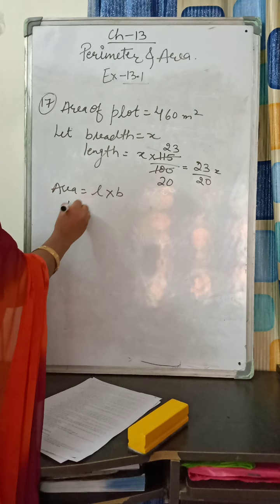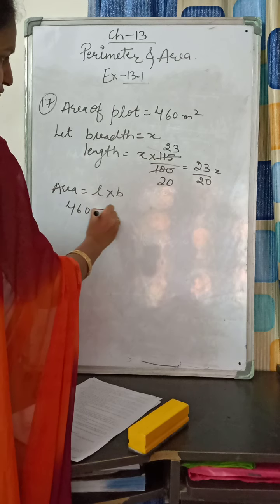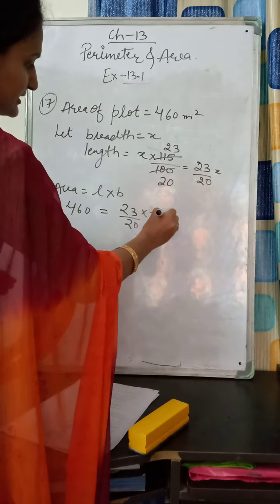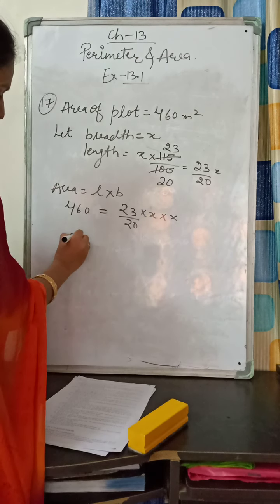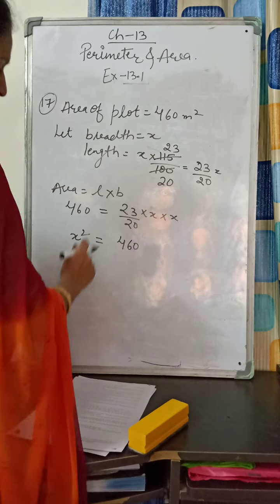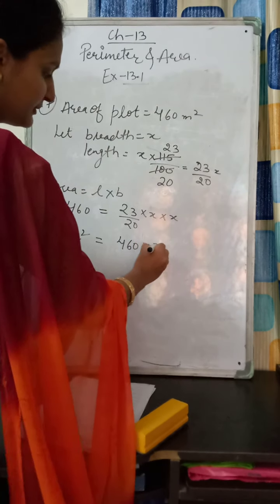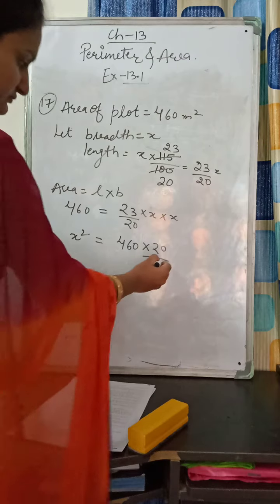Here the area is 460, that is equal to 23 upon 20 into x, and into x again for the breadth. So this is x square equal to 460, and when we take this 20 to the left side, it will be multiplied and 23 will divide.